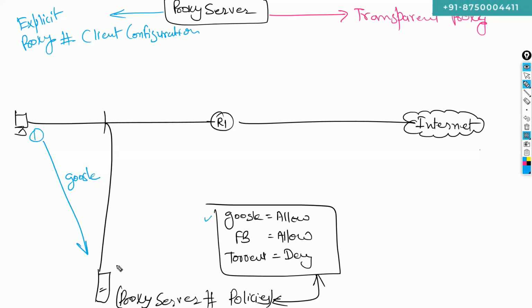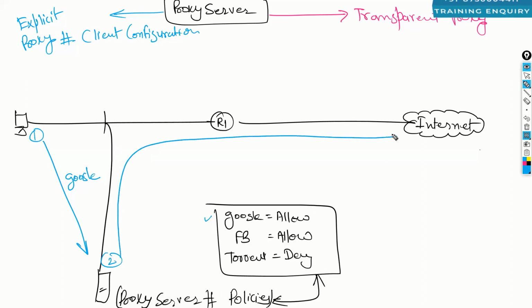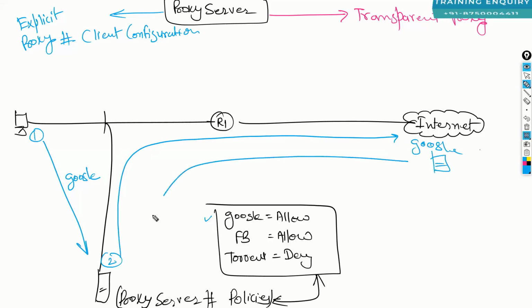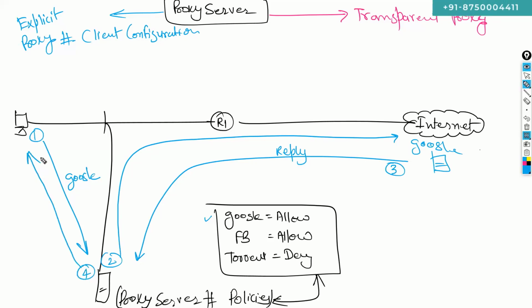The proxy server will say Google is allowed. Then the proxy server will send the request via the router to the internet to Google, and the Google server will give a reply to the proxy, and then this proxy will give the reply to the client.